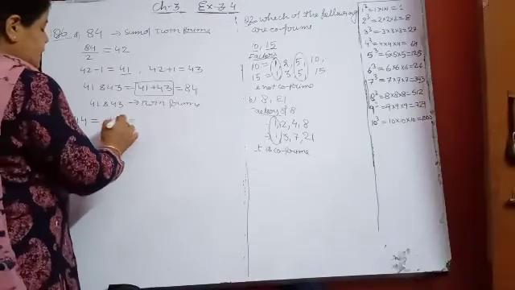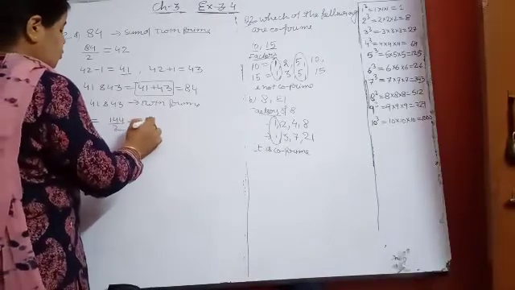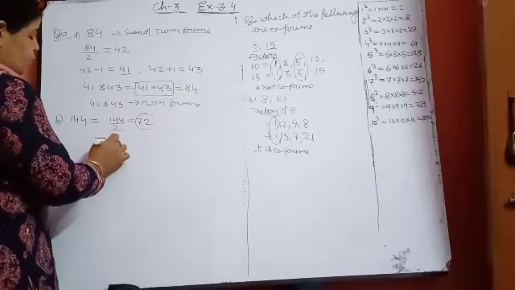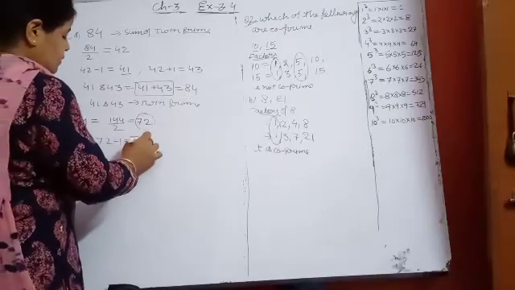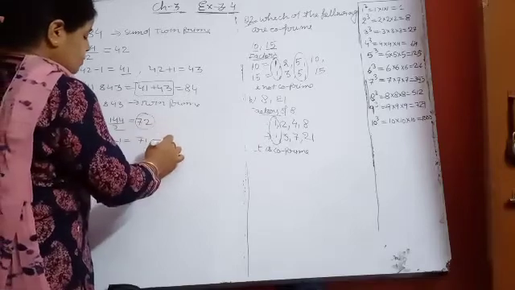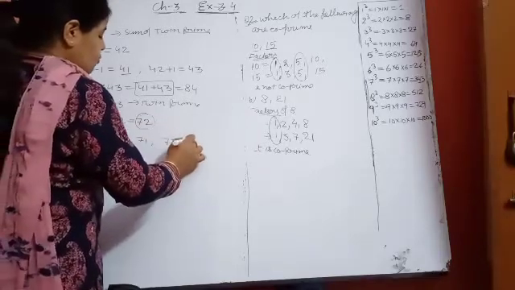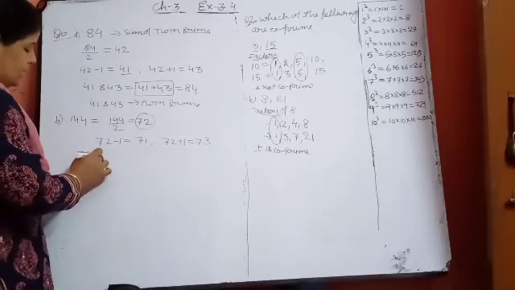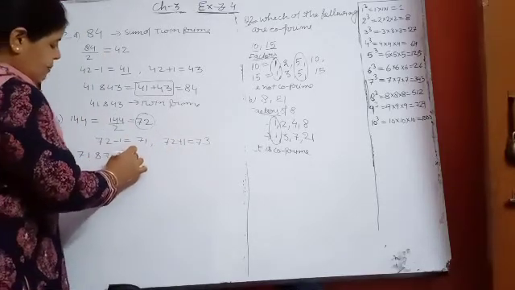You will get 72, but 72 is not a prime number. So what will you do? 72 minus 1 is equal to 71, and 72 plus 1 is 73. Now you can see that 71 and 73 both are twin primes.